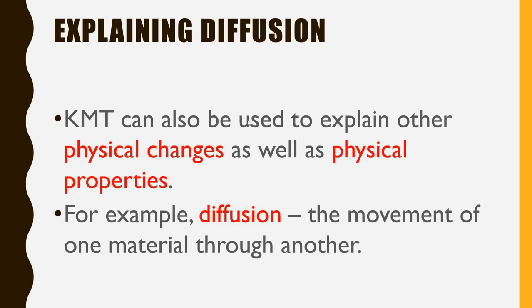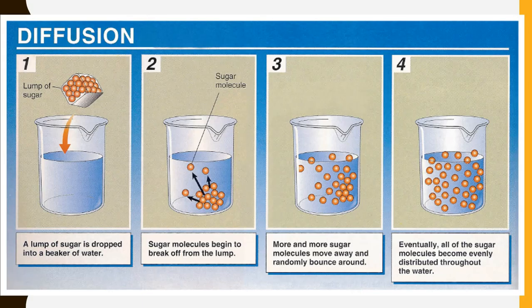So the kinetic molecular theory can also be used to explain other physical changes as well as physical properties. And one of them is diffusion. So it's the movement of one material through another. The example that we're using is what happens when we put sugar into water or into a liquid.